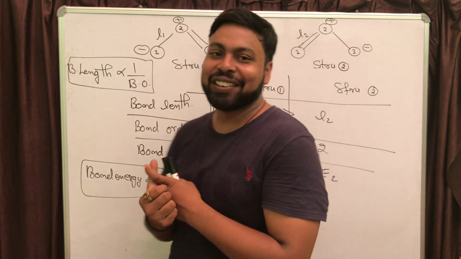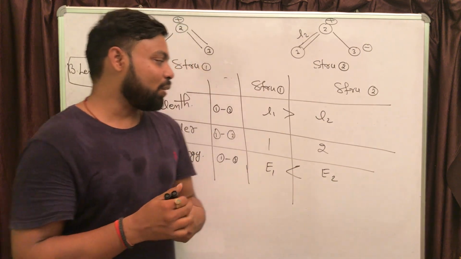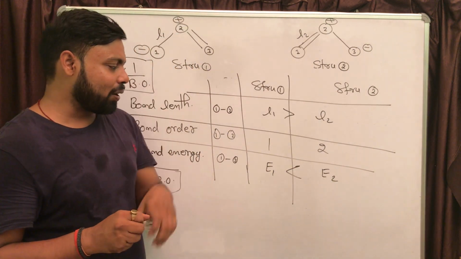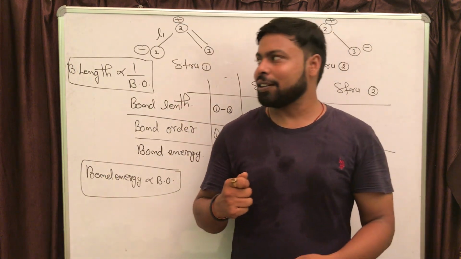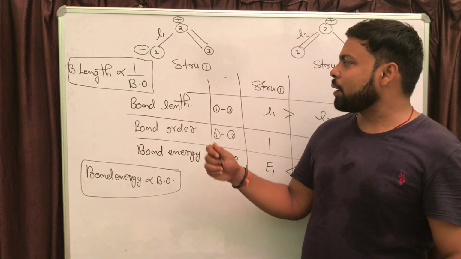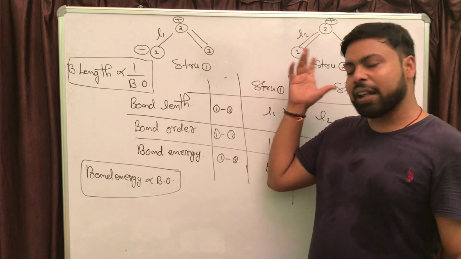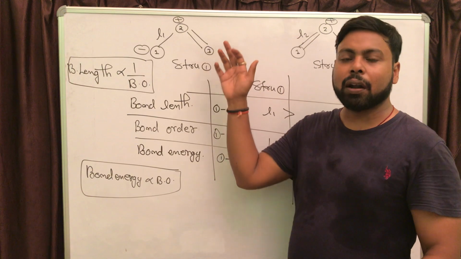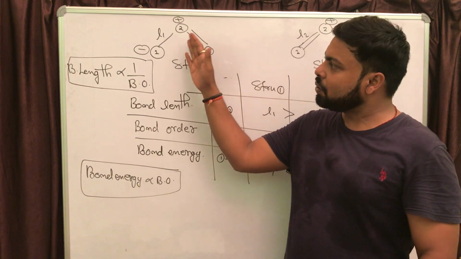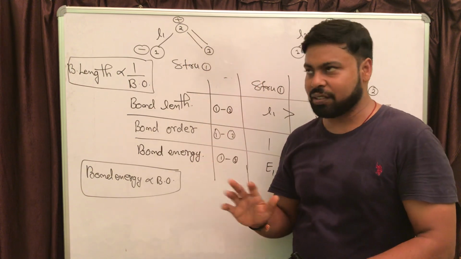These are not different. So there must be some problem, or I can give you some more points to understand this. If you are not comparing structure 1 and 2, just compare the bond order, bond length, and bond energy in one structure itself.